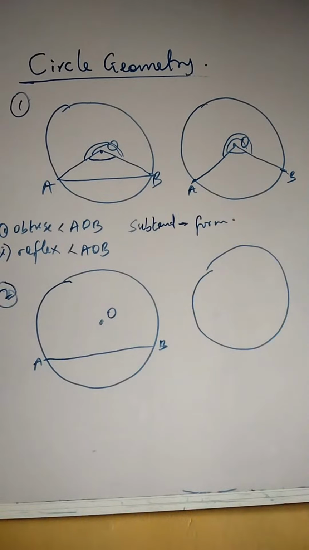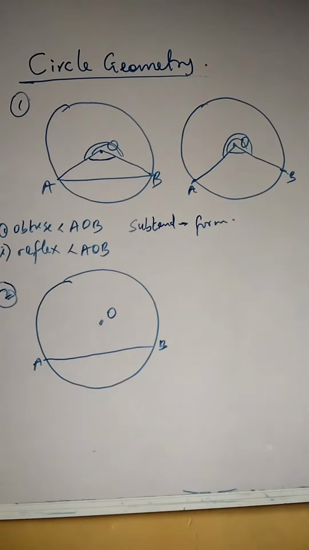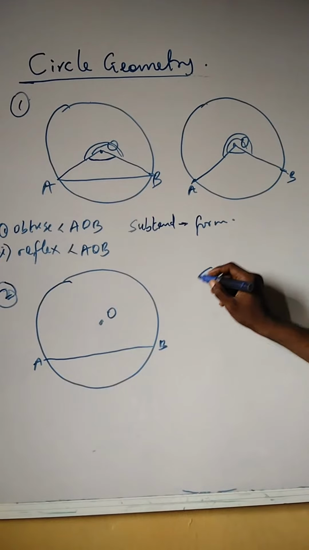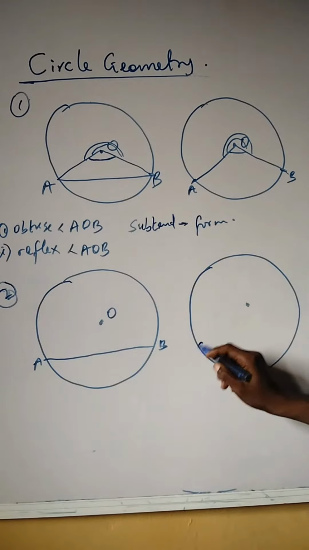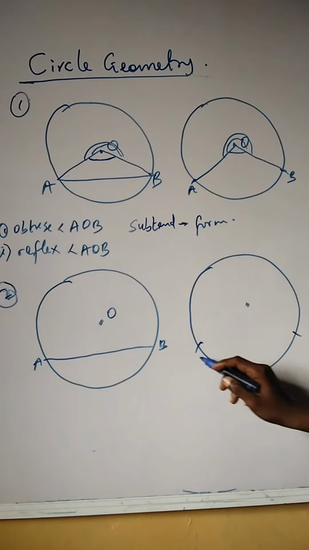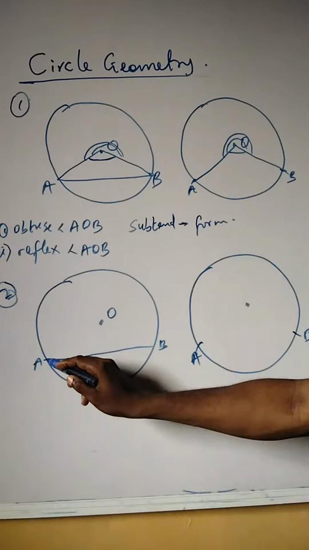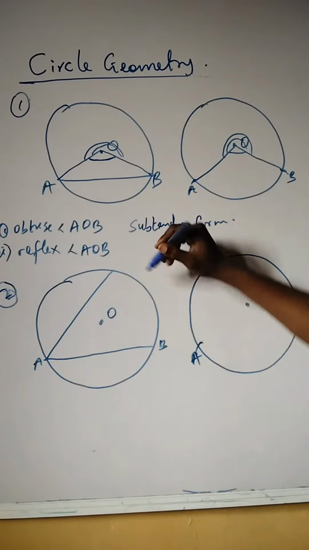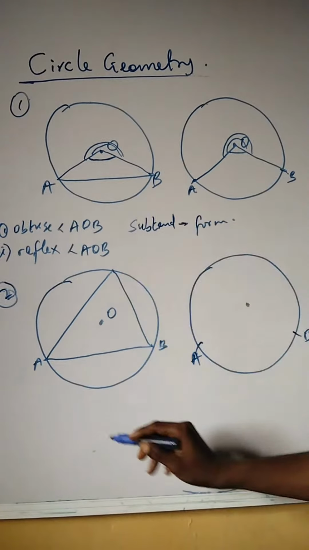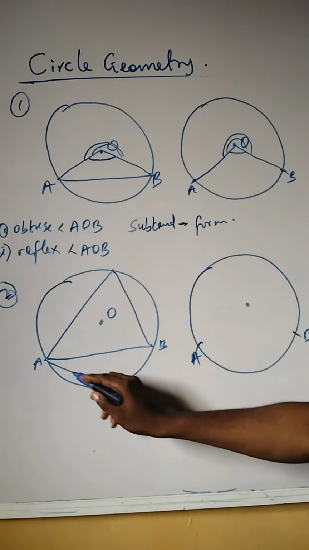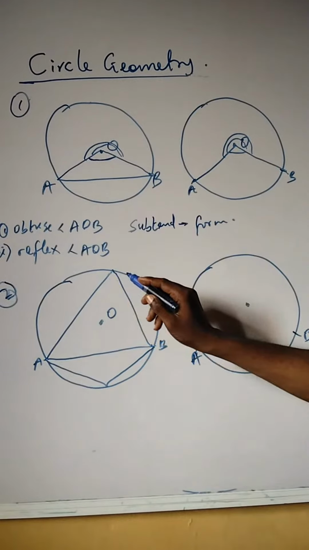So we have a circle also with center O, and in this case it might be an arc AB. So this chord forms an angle at the circumference in the major segment here, and also forms another angle in the minor segment here. So we have two angles at the circumference as well.